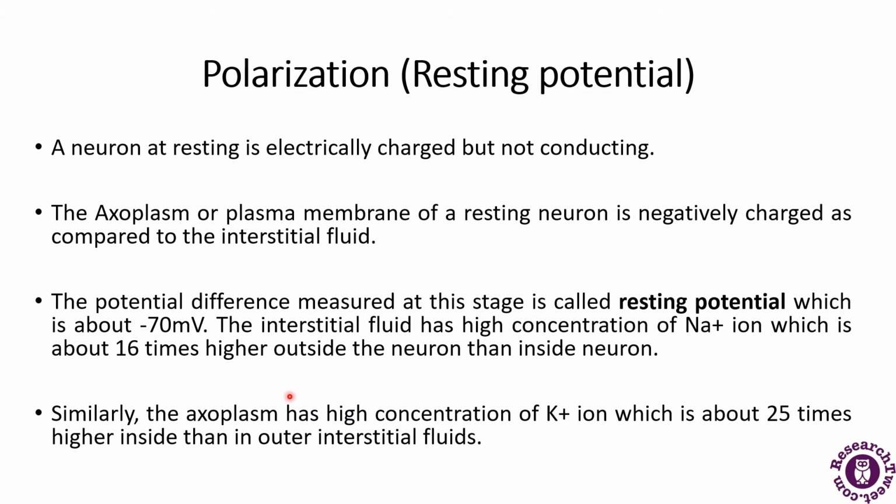The membrane of the neuron at rest is more permeable to potassium ions than sodium ions, so the potassium ions leave the neuron faster than the sodium ions enter it. This difference in permeability results in the accumulation of a high concentration of cations, the positively charged ions, outside the neuron as compared to inside.